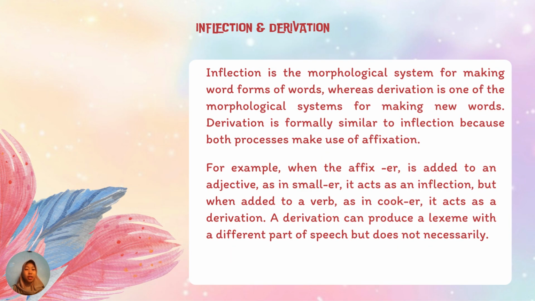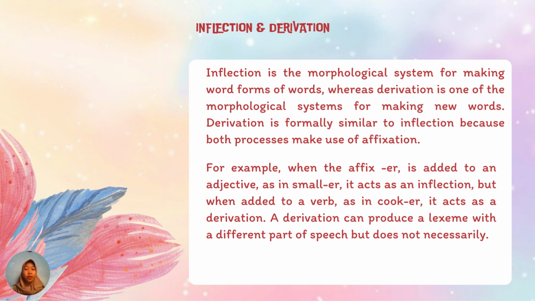Next, inflection and derivation. Inflection is the morphological system for making word forms of words, whereas derivation is one of the morphological systems for making new words. Derivation is formally similar to inflection because both processes make use of affixation.